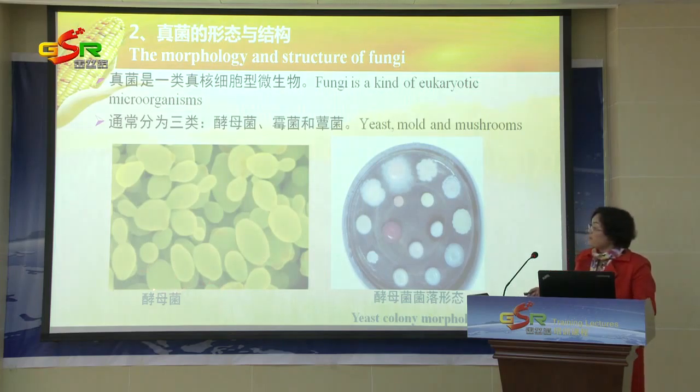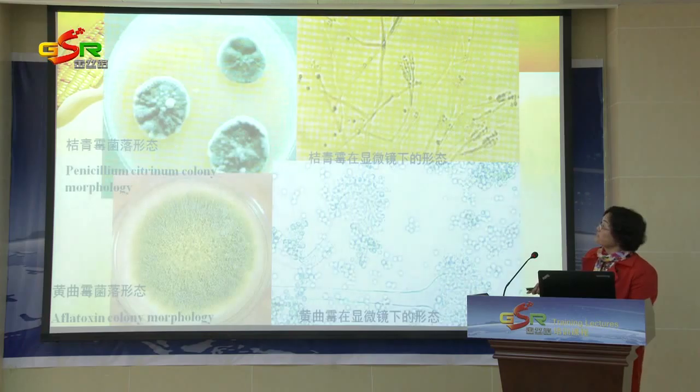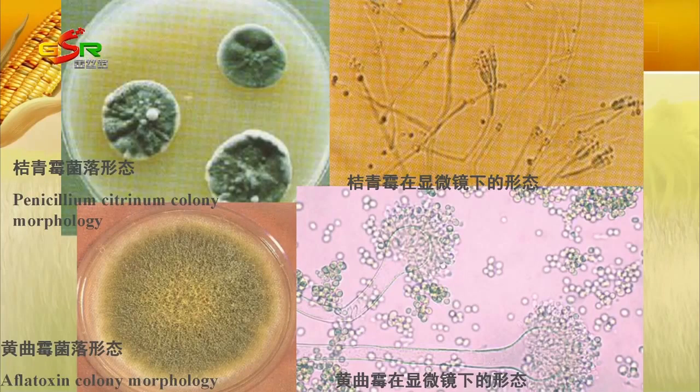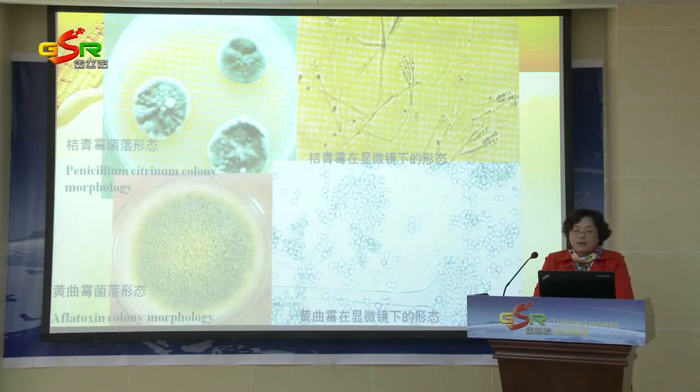This picture is the yeast. In China, we all eat mantou, which uses yeast. Yeast is also used for yogurt and beer. Another is the yeast colony morphology, like this one. Also, there are some different molds. The morphology you can find described in the microbiology book or notebook.